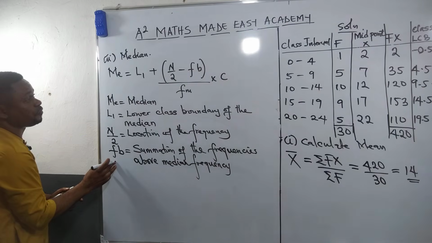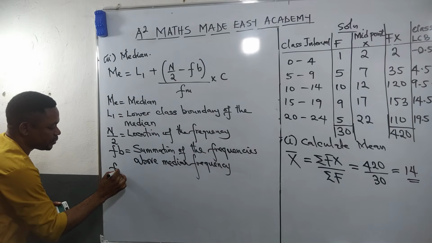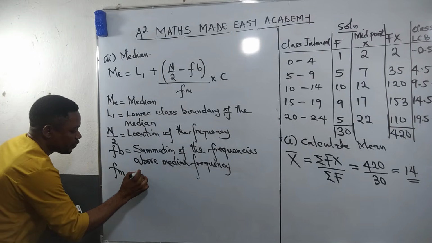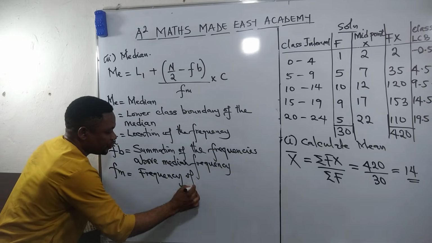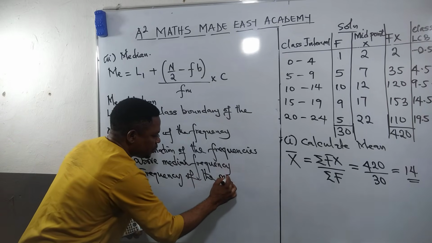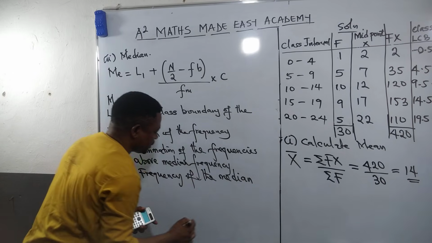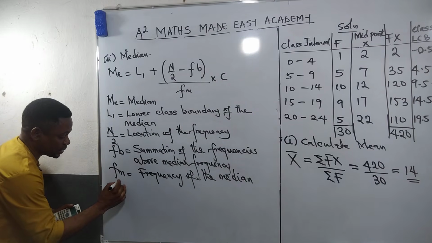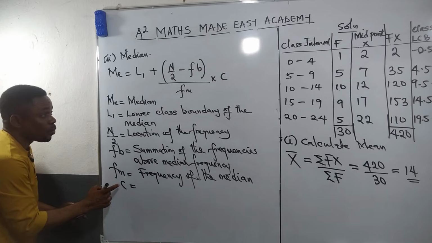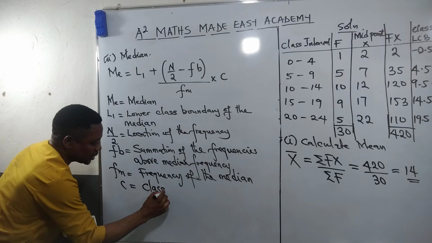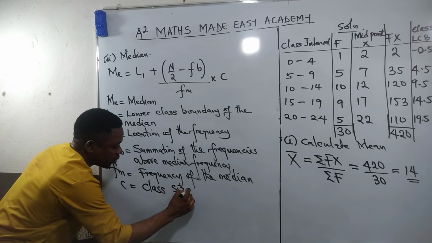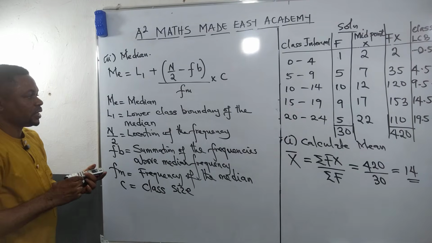That is the meaning of FB. Then FM signifies the frequency of the median. What did I say? Frequency of the median. Can you see, when you itemize it like this, it signals to every person where you are going. Last one is C. What's the meaning of C? C is called the class size. Do you understand me now?